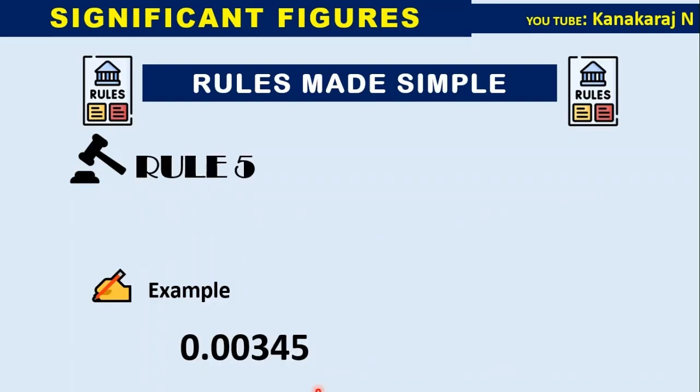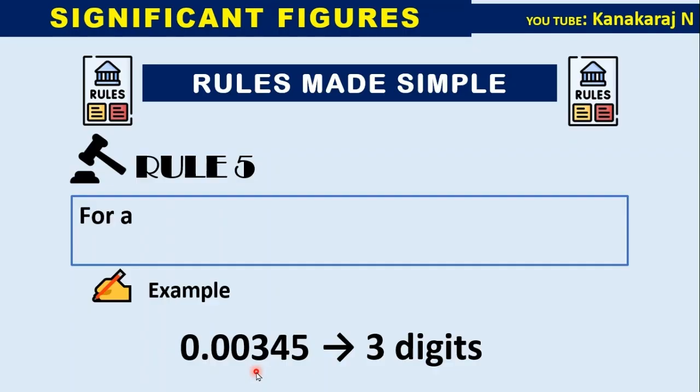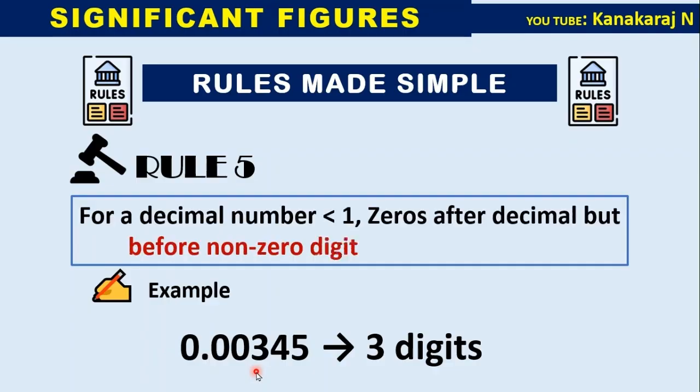Rule 5. Here you have a number less than 1 and it is a decimal number, 0.00345. The zeros after the decimal and before non-zero digits are not significant, so it has only 3 digits. For a decimal number less than 1, zeros after the decimal but before non-zero digits are not significant.